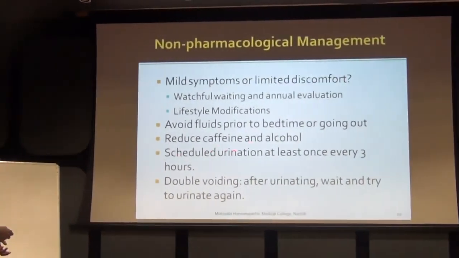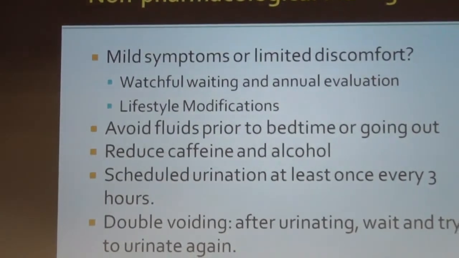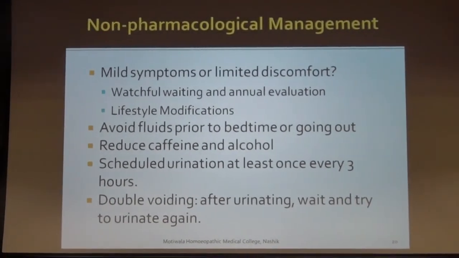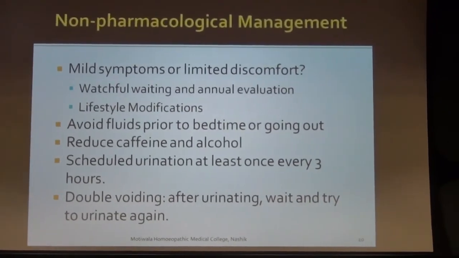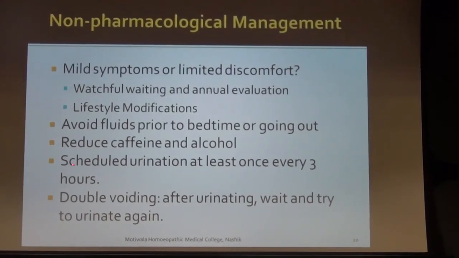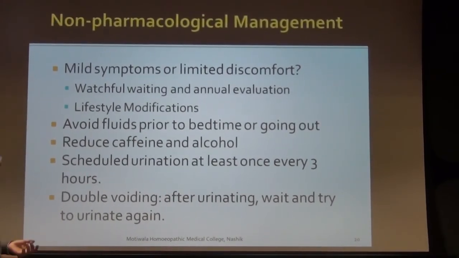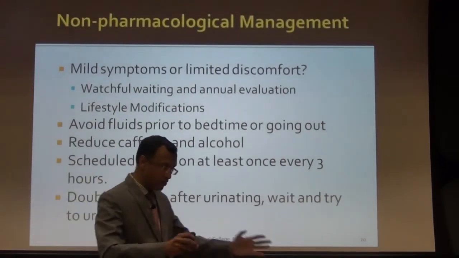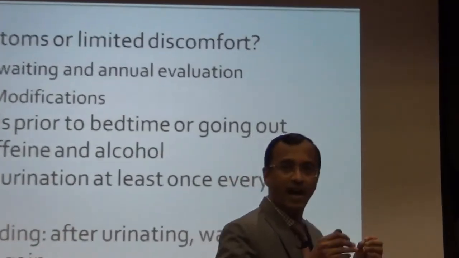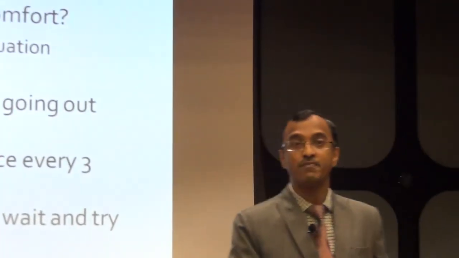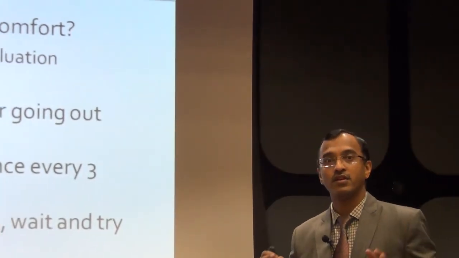One should reduce caffeine and alcoholic beverages, because they increase urinary production and flow. Scheduled urination at least once every 3 hours: we need to train people that after every 3 hours they should go and void the urine.